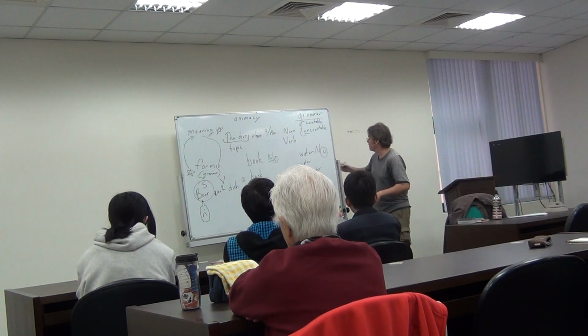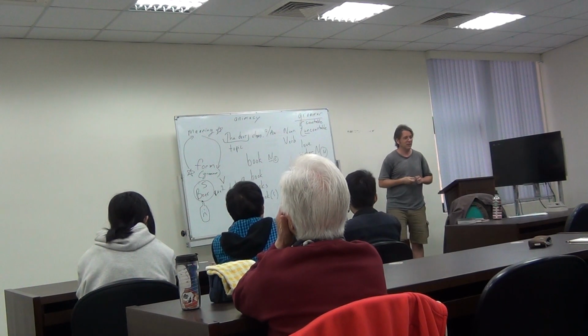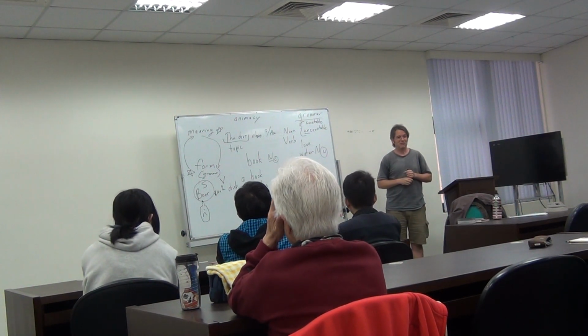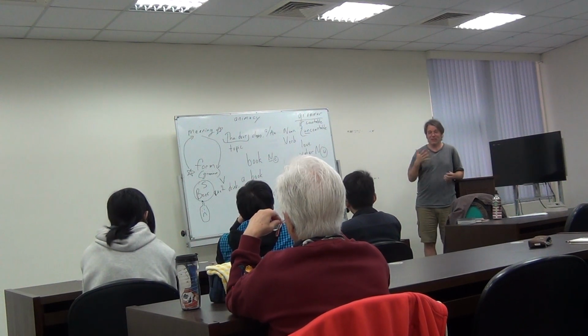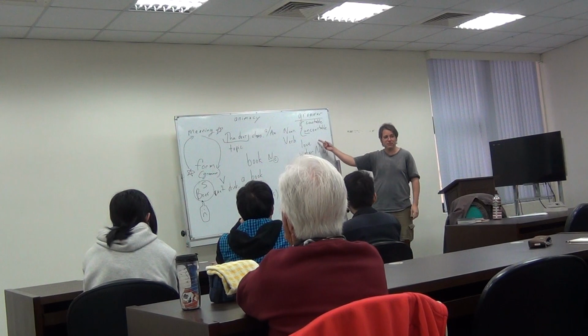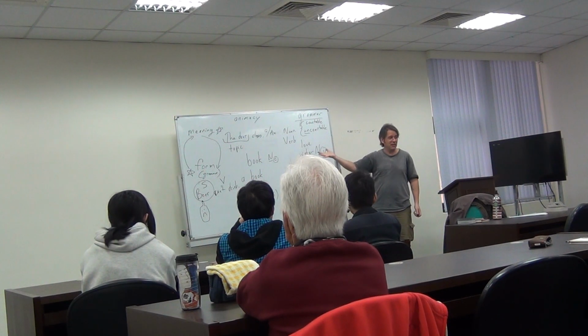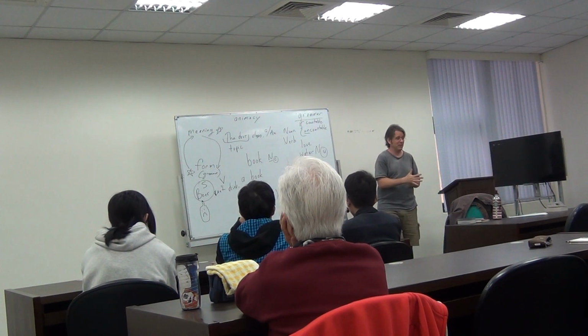How about love? Is love countable? No, right? Love is love. It's uncountable. So if we say "a love," what does that mean? We have to give it a meaning. If we use it, we have to make a meaning for it.